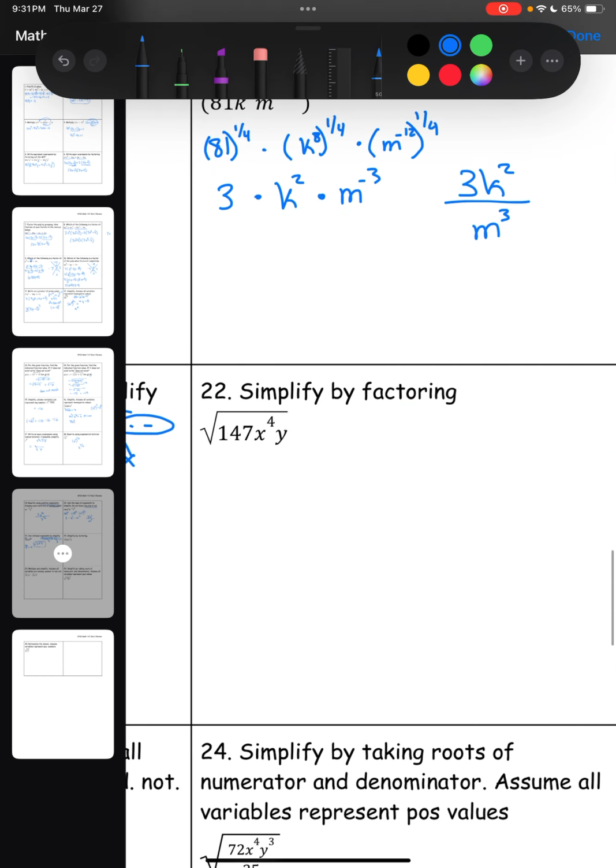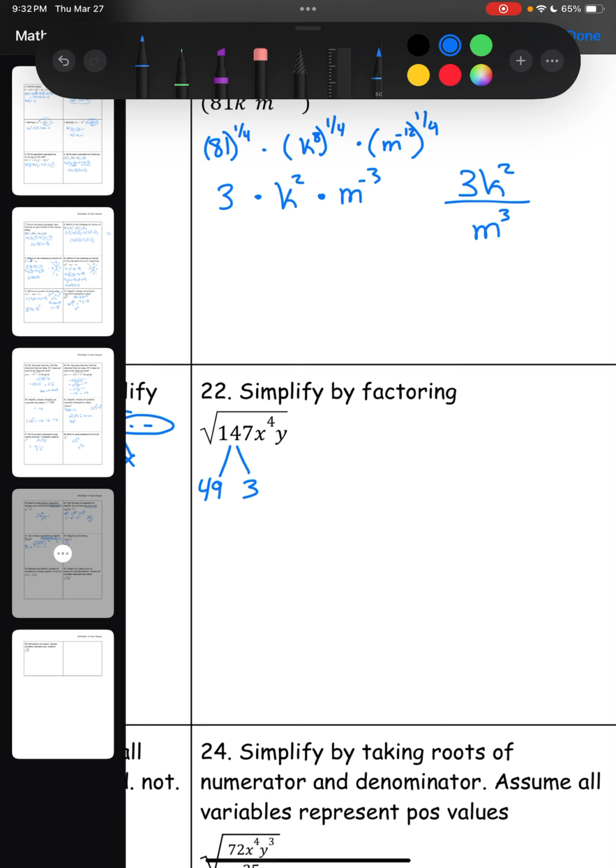Alright, number 22. They want us to simplify, right? So let's factor out, let's see what we have left here of 147. That is actually 49 times 3, right?